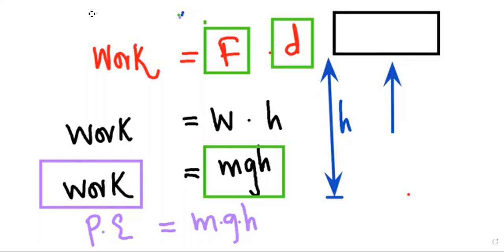So that work is going to be stored in the object, and that would become the potential energy of that object. So this is how work and gravitational potential energy are related.